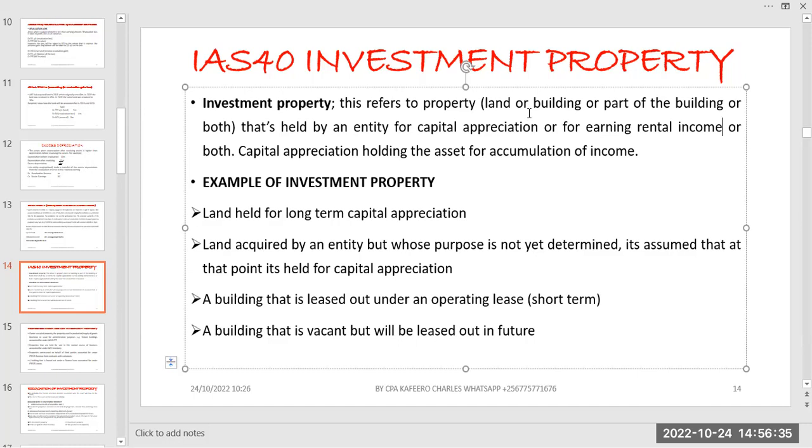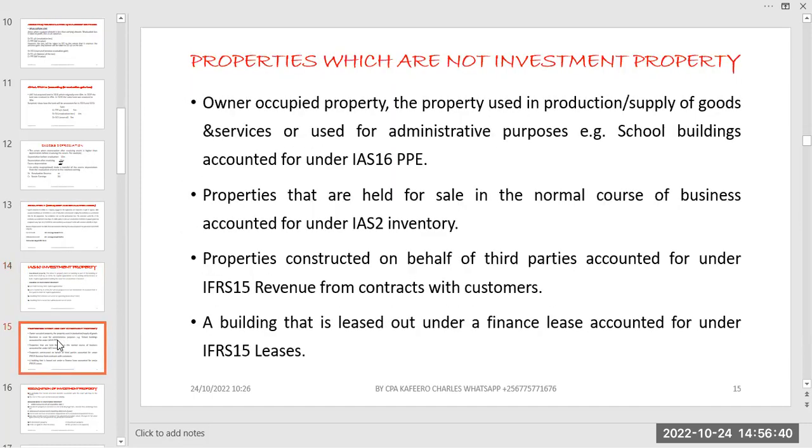So the next slide is all about the properties which are not investment properties. We have to look at them so that when you see them, you know that this belongs to another standard. Remember, I've been saying in the previous videos that any asset that is accounted for under one standard cannot be accounted for in another standard at the same time.